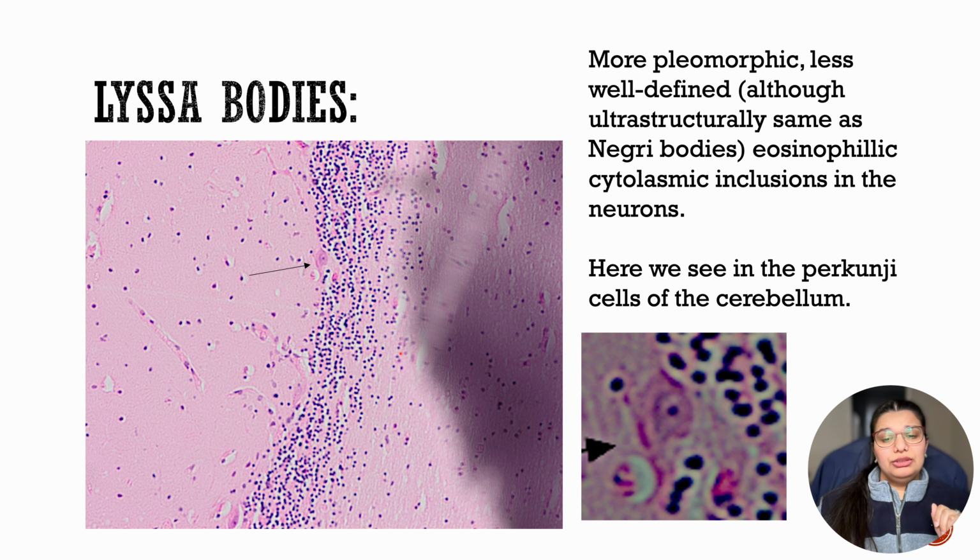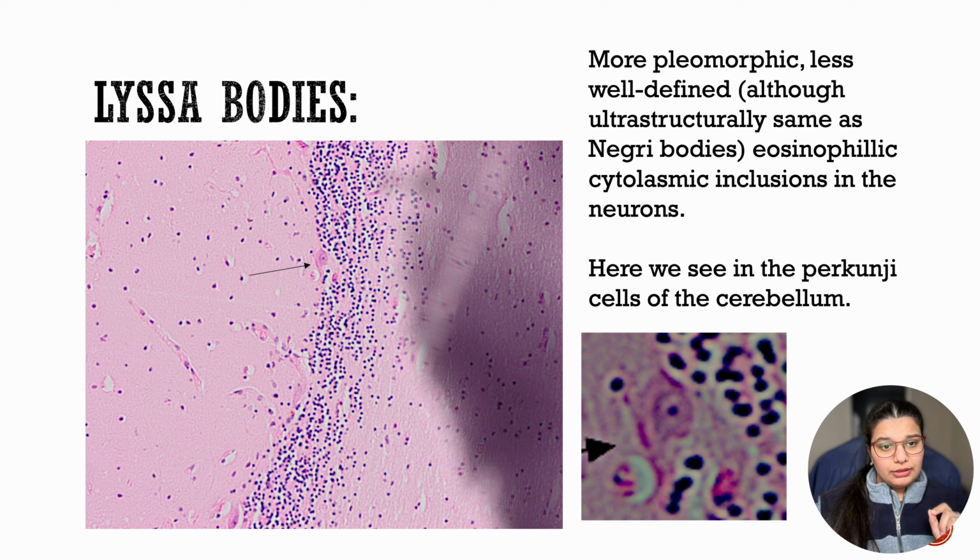Secondly, we see Lyssa bodies. What are Lyssa bodies? Ultrastructurally they are the same as Negri bodies, but they are more pleomorphic and less well defined. This is an image I've taken from the cerebellum. Again, this is the molecular layer and this is the granular layer of the cerebellum.